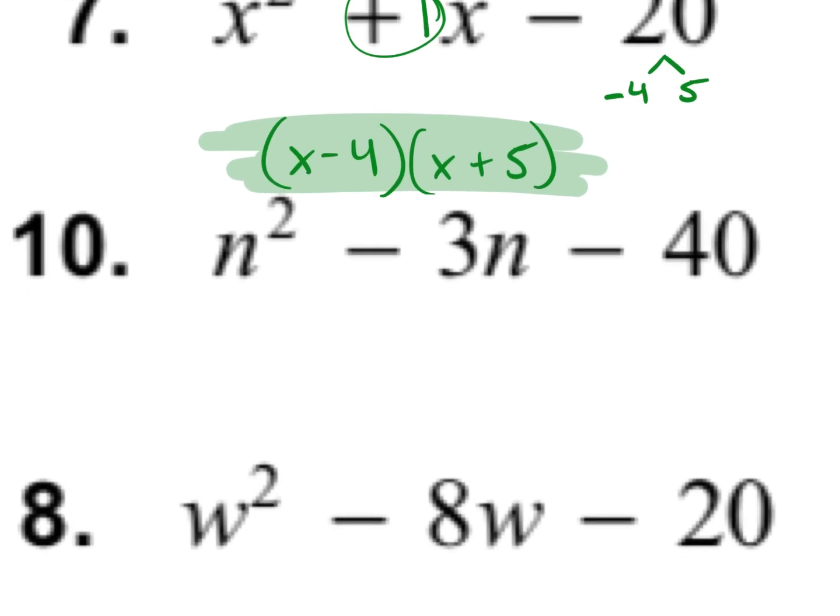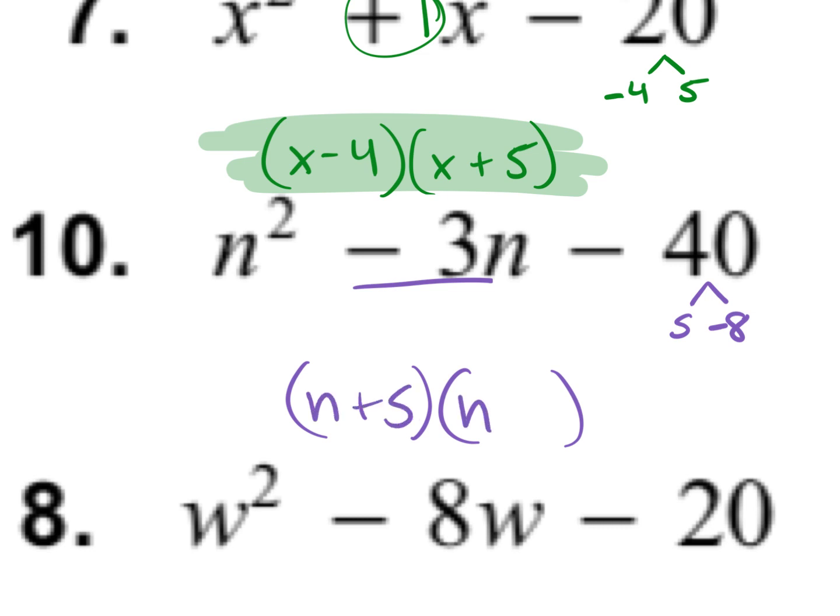All right, let's do 10. What are 2 factors of negative 40 that add to negative 3? 5 and 8. The sign in the middle is negative, so that means our bigger number is going to be negative. So 5, what's 5 minus 8? Negative 3, perfect. So what's going to go into our parentheses? n plus 5 and n minus 8.